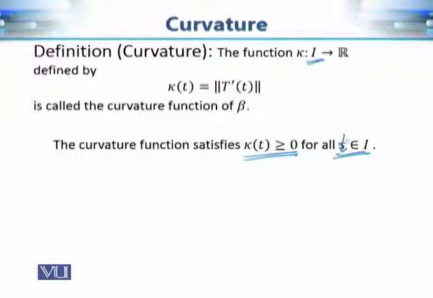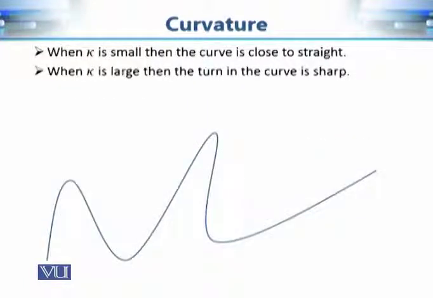So if you are using t, then this is the parameter t. Now when k is small, then the curve is close to a straight line, and when k is large, then the turn in the curve is sharp. Okay, now of course we can guess from this example of the curve what are the points where the curvature is smaller.